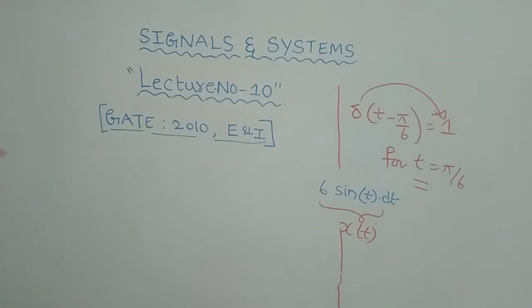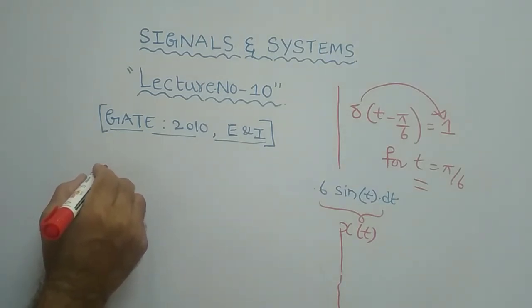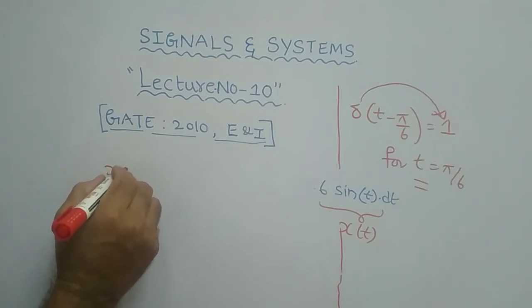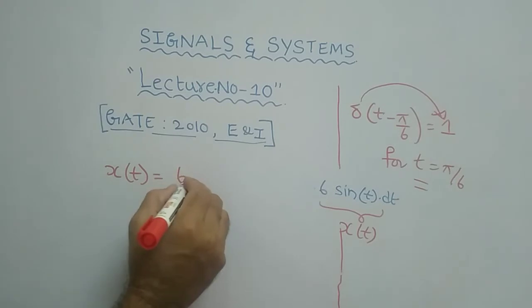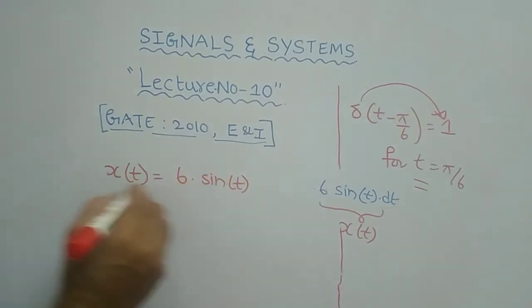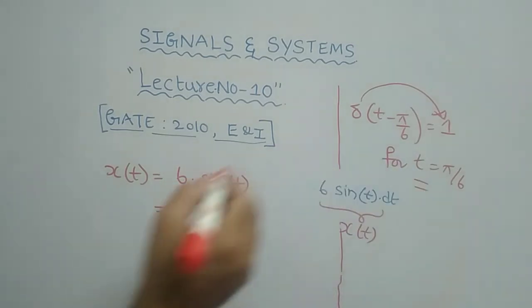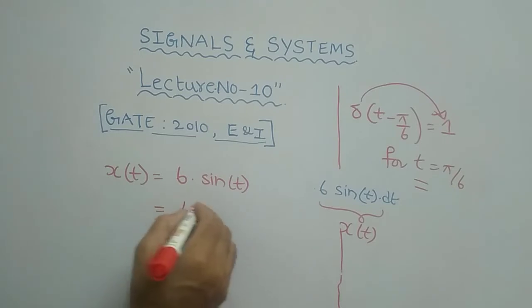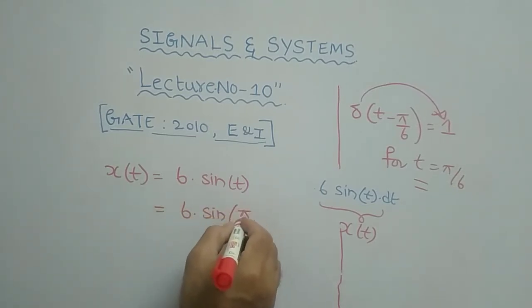Because in order to give you a very nice explanation, I am explaining a little bit slowly, so thereby you will understand very clearly. x of t is nothing but 6 into sine of t. So this is your x of t. Now substitute pi by 6 wherever t is there, means 6 into sine of pi by 6.